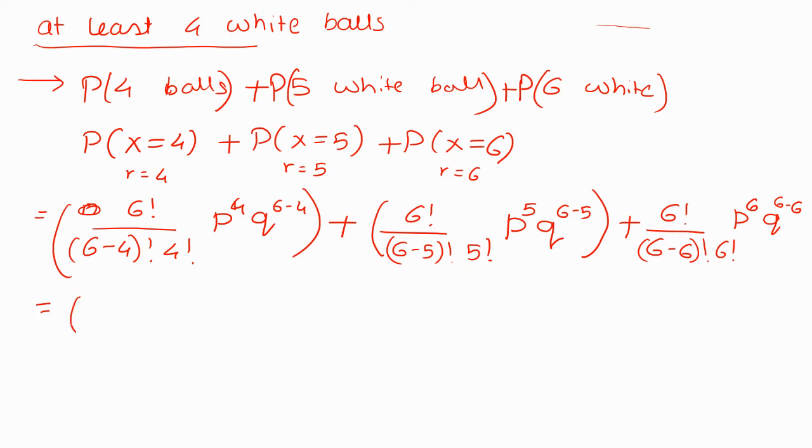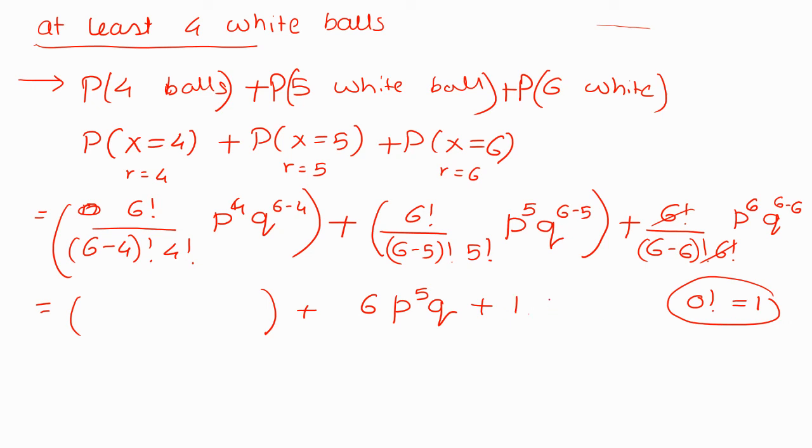And if you solve this further, this will be 6 into p raised to 5 q, plus this one will be 6 factorial upon 6 factorial. Now 6 minus 6 is 0 factorial, and 0 factorial is mathematically defined to be 1. Don't write it as 0, 0 factorial is 1.